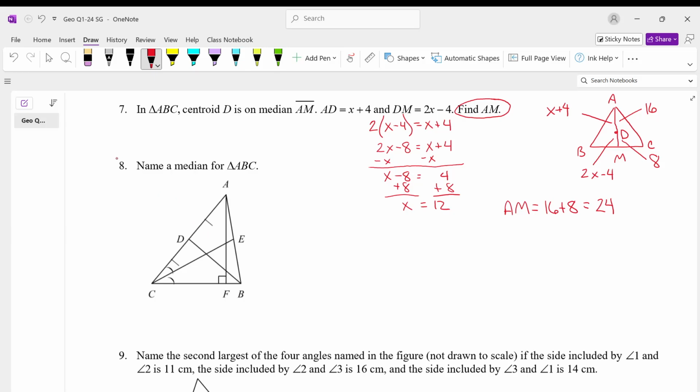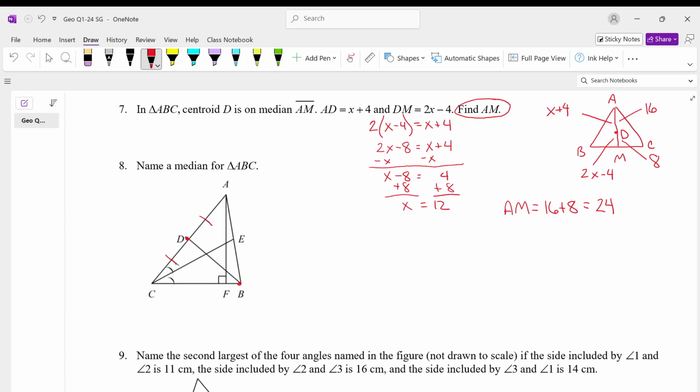Problem number 8. Name a median for triangle ABC. A median goes from a vertex to the middle of its opposite side. So since C to D is congruent to DA, then D is in the middle.